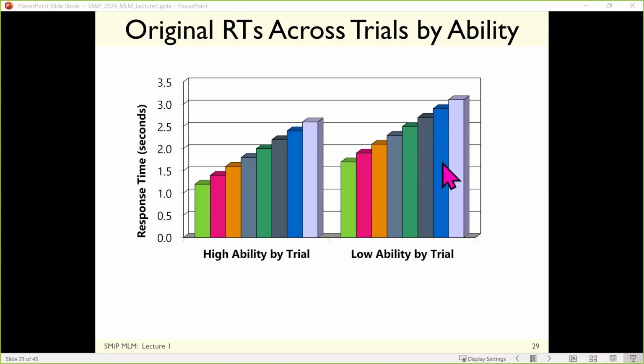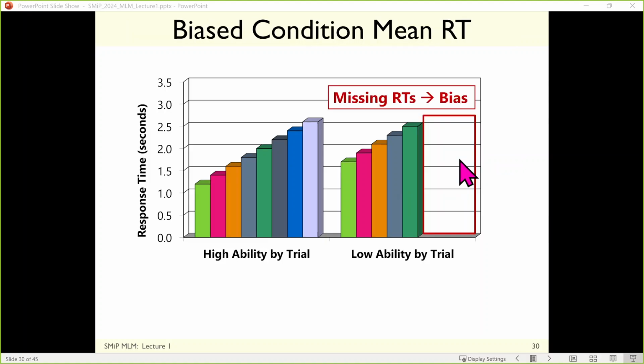Well, what if the low ability person didn't get some of these correct? What if the times that would have been the highest, the largest response times, are gone because they never found it? Well, now if I take the arithmetic mean of what's left, there's going to be bias. This person's mean might actually be lower than the person with higher ability because of this missing data.